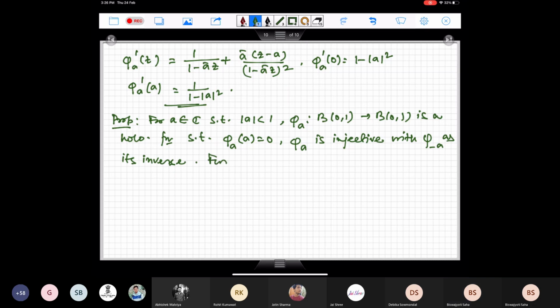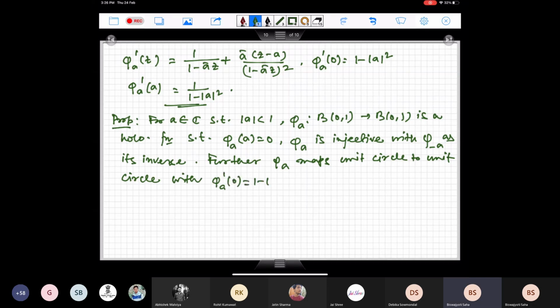Further, phi a maps the boundary to the boundary, so the unit circle to the unit circle. And of course the derivative: phi a prime at 0 is 1 minus mod a square, and phi a prime at a is 1 by 1 minus mod a square. So all this we get.